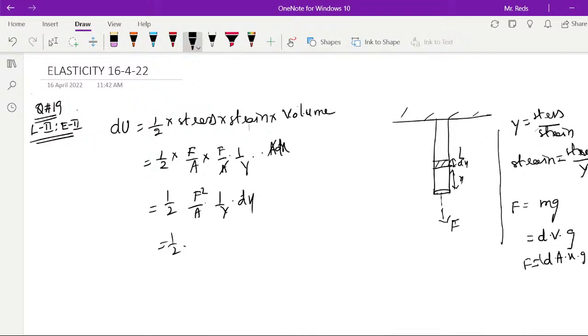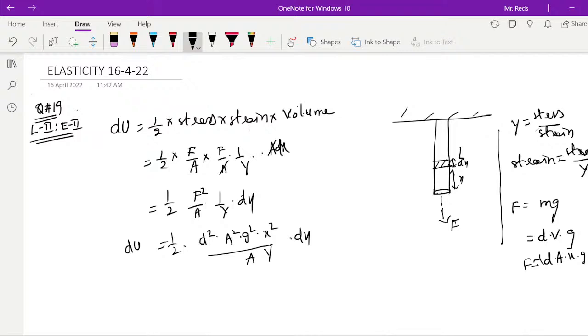This is F. As it is F square, we can write this as half into F square, meaning d square A square g square x square by A, into 1 by Y, into dx. This is the small amount of energy, a small amount of work done that will be stored as strain energy in stretching this wire by a small amount at a distance x.